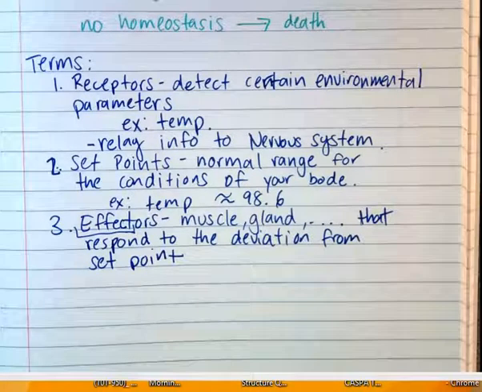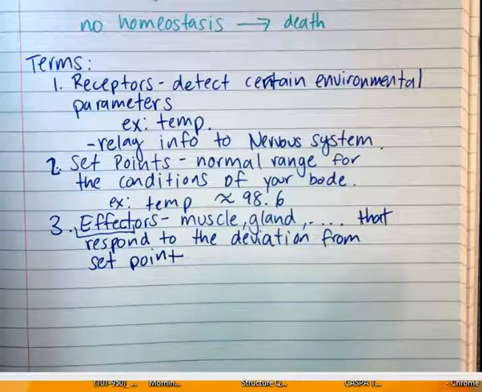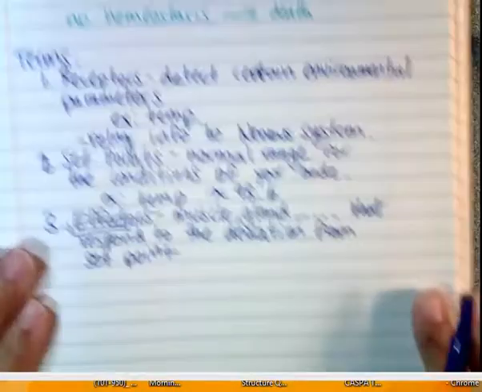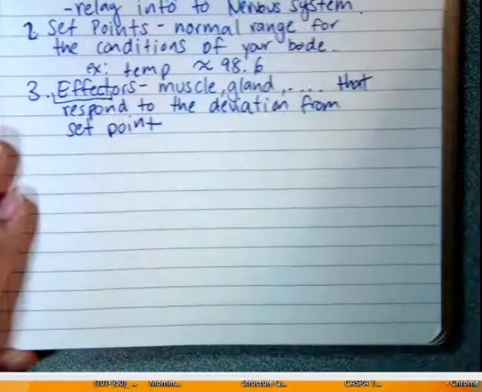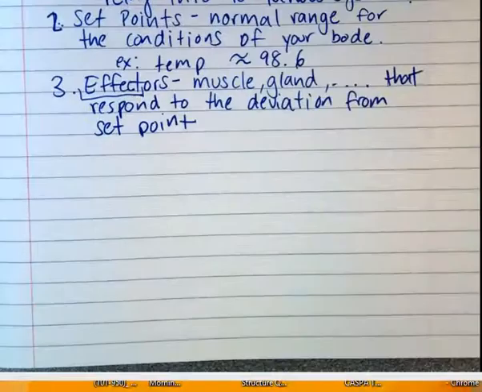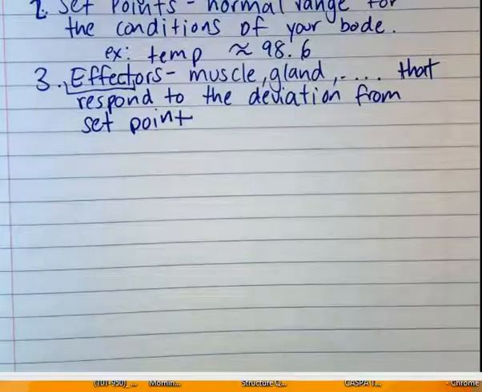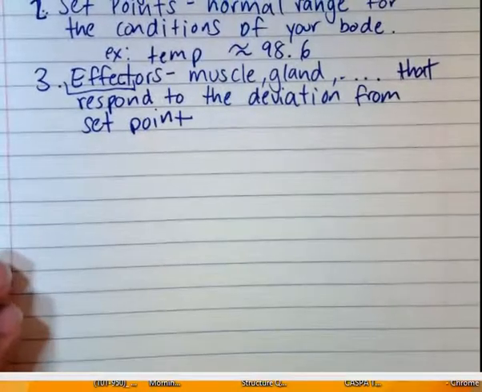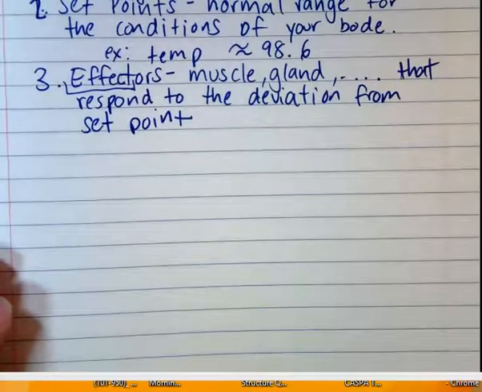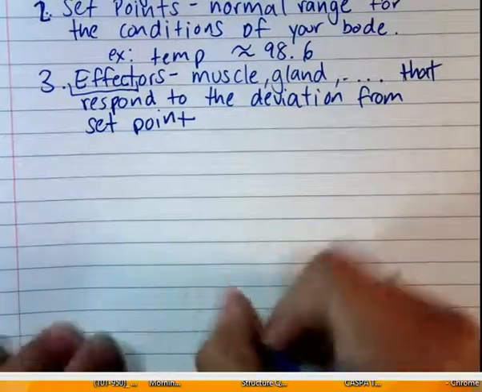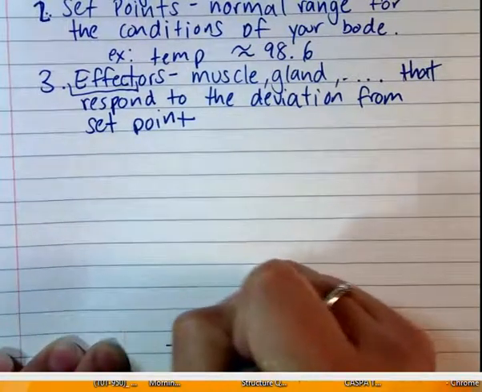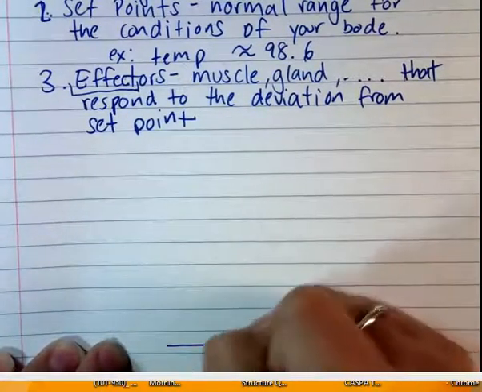Alright, so now we're going to go over the homeostasis cycle. I'm going to zoom in just a little bit. You start off with some sort of variable, and this variable sits on a balance.